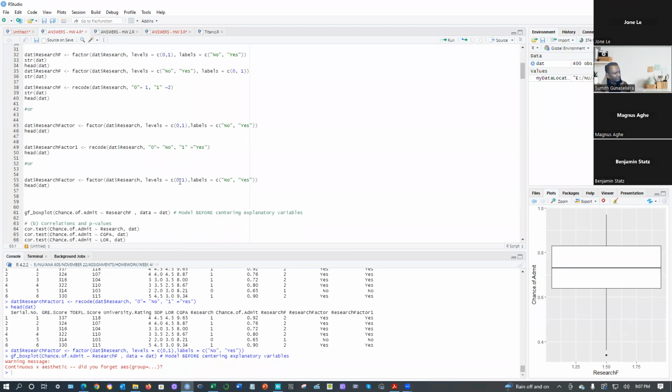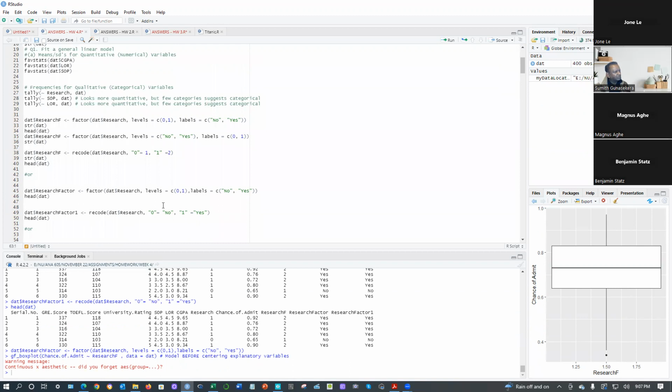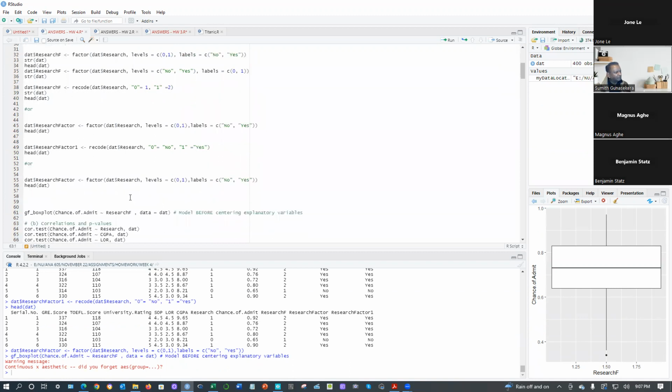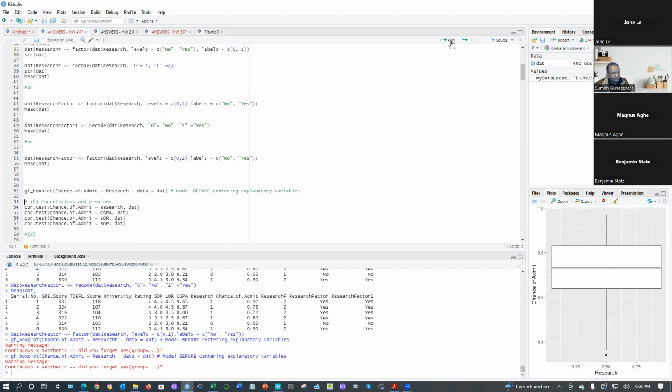Because this one has a yes and no. Okay, instead of this one, let's go with the research. We don't have to do any grouping, no?